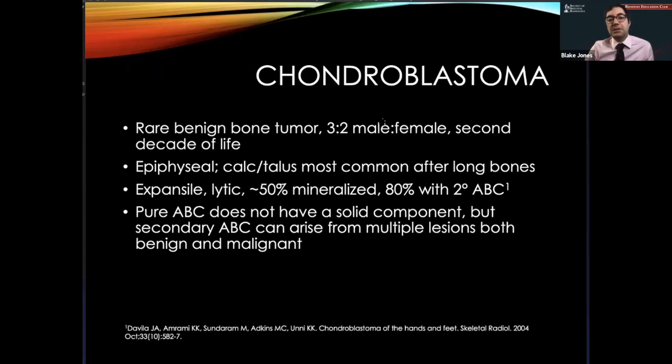It's an epiphyseal lesion. The calcaneus and talus are most common after the long bones. It's expansile and lytic. About half of them are mineralized, and like I said, about 80% will have a secondary ABC component. All right, any questions?